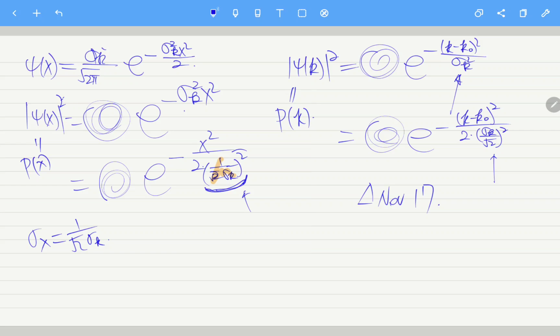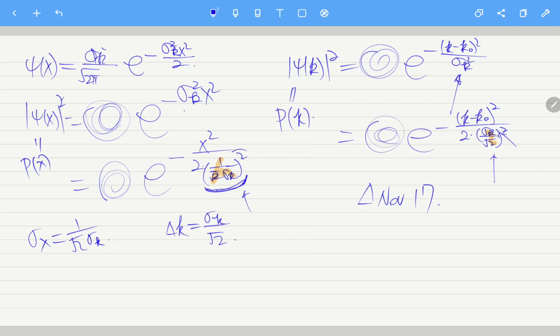Maybe I write it as delta k. So this is delta k, nothing but sigma k over square root of 2.